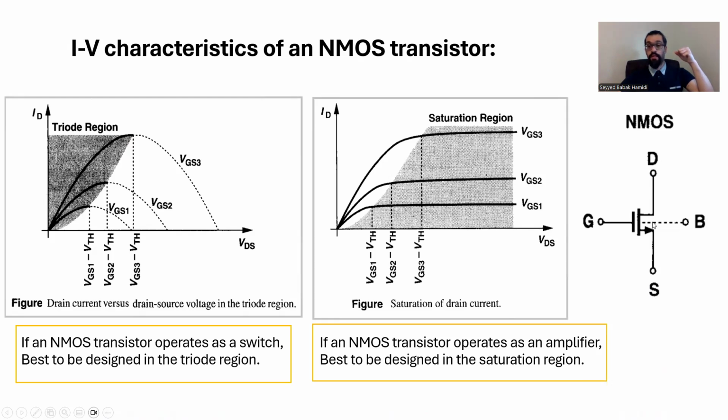So your transistor would be off. So if you put the voltage on the gate, the switch is on. If you remove the voltage on the gate, the switch is off. If you want your transistor to operate as a switch, it is better to design your DC bias condition of the transistor in the triode region.